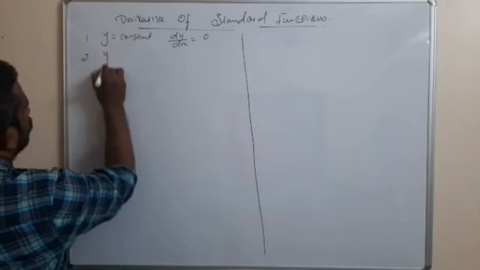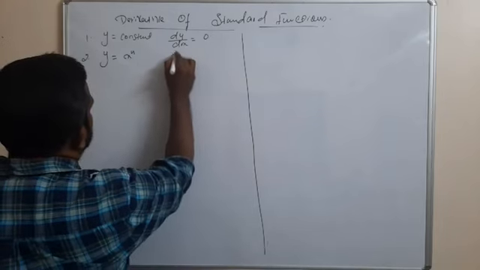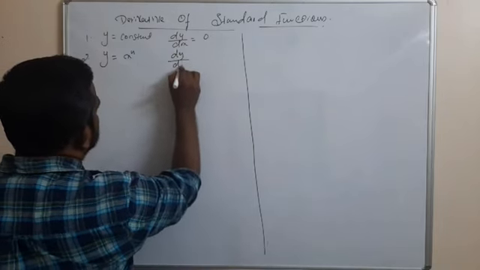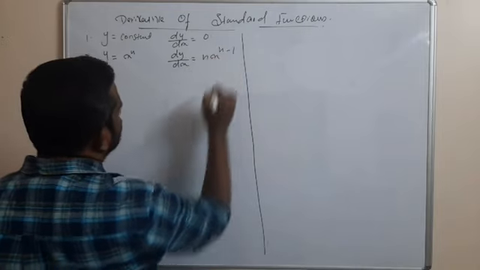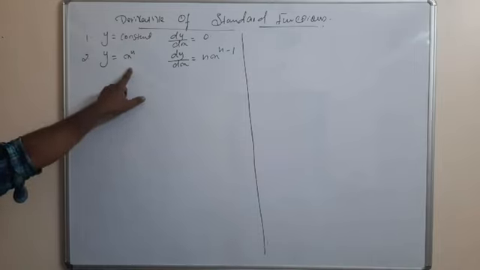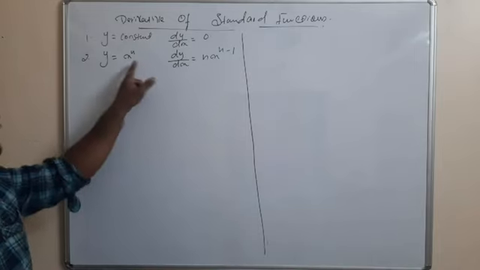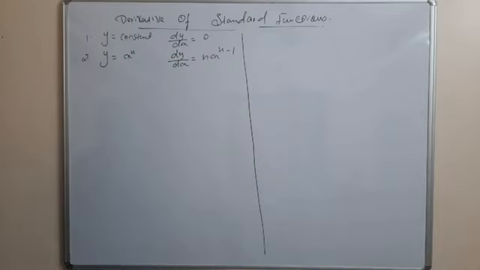Second, y is equal to x power n. dy by dx equal to n into x power n minus 1. So the differentiation of x power n is n into x power n minus 1.